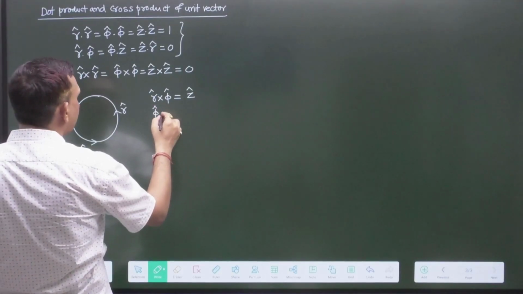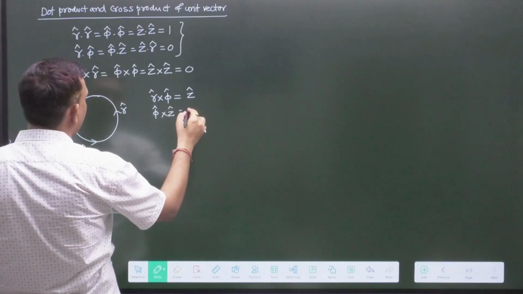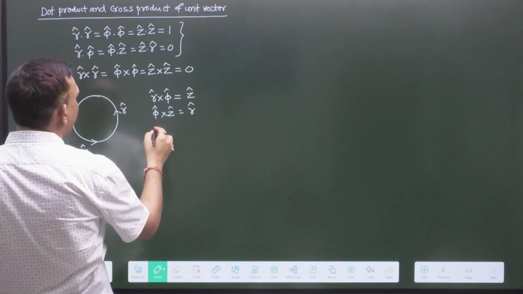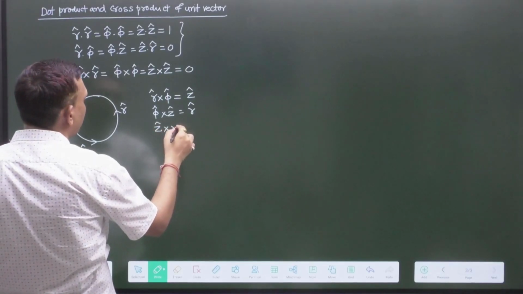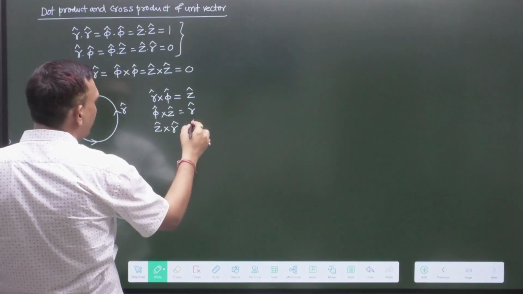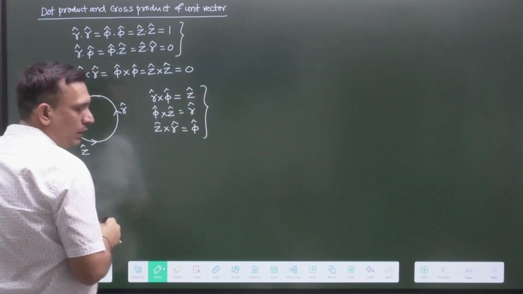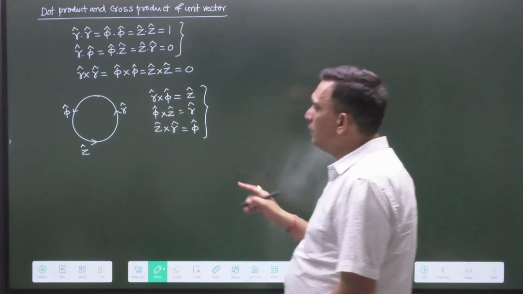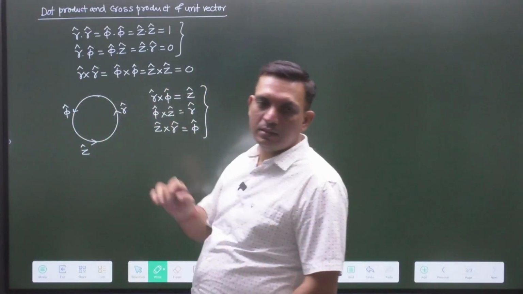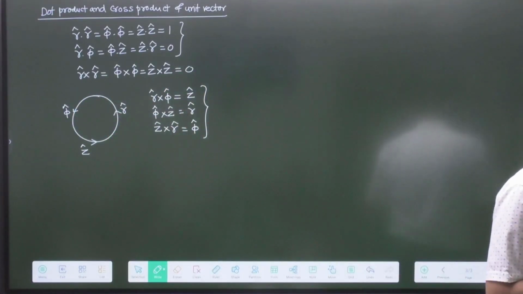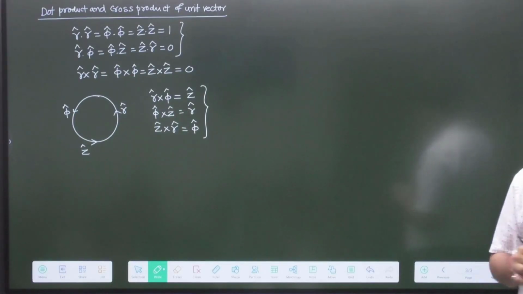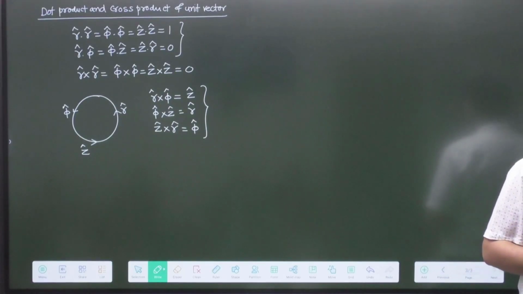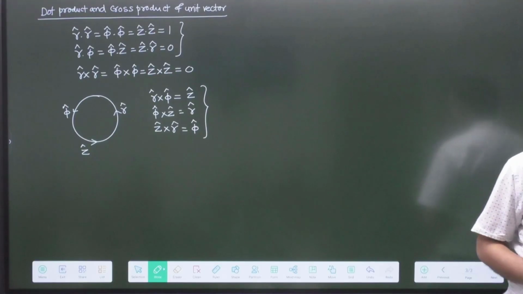Phi cap cross z cap is r cap, and z cap cross r cap is phi cap. So this is the right hand rule for the cross product of these vectors. If you move in anti-clockwise direction, you will get a positive sign, and if you move in clockwise direction, you will get a negative sign. Okay? So that is all about the cylindrical coordinate system.